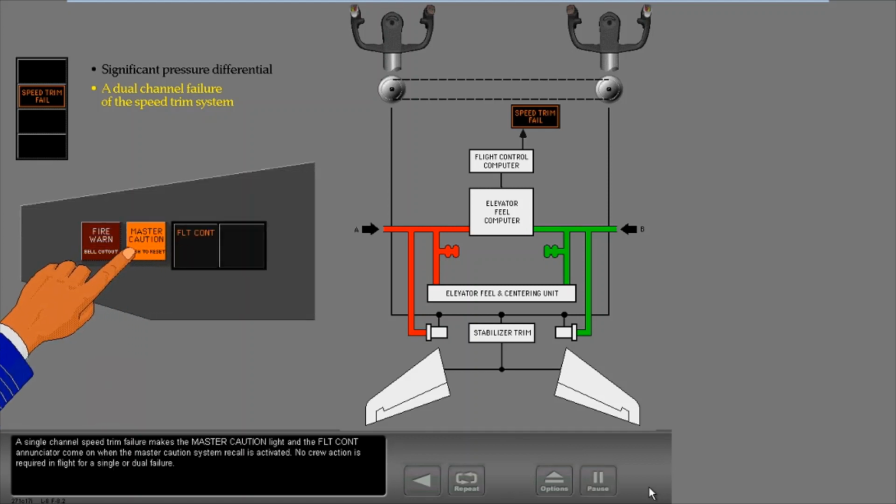A single-channel speed trim failure makes the master caution light and the flight control annunciator come on when the master caution system recall is activated. No crew action is required in flight for a single or dual failure.